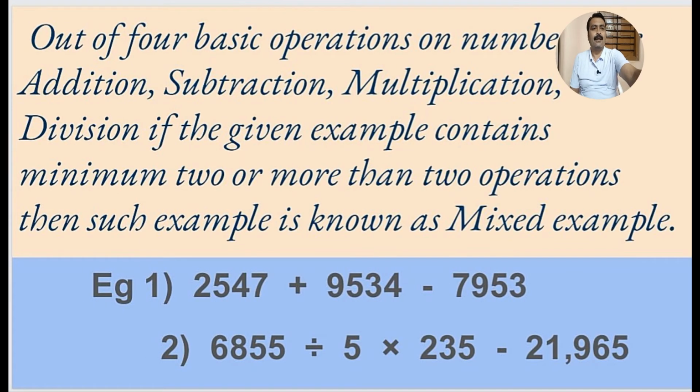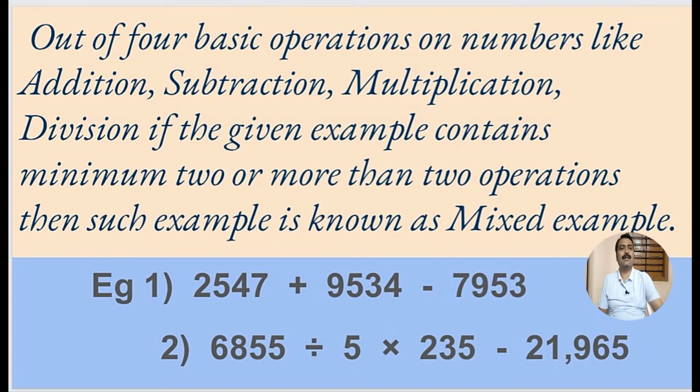Now here I want to take the information about these mixed examples. When we hear about mixed examples in mathematics, we should first understand the meaning hidden behind them, and then we can proceed to how we can solve them. Now I am taking a definition-type information about these mixed examples in front of you.